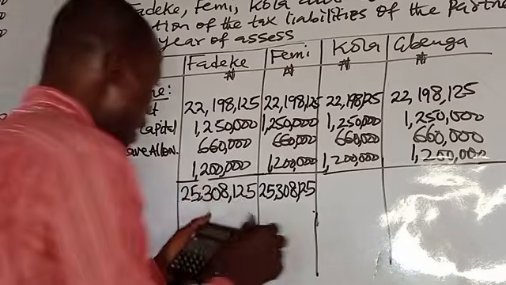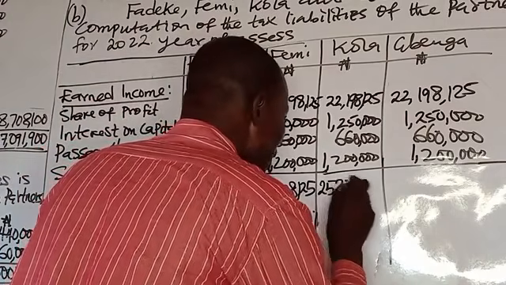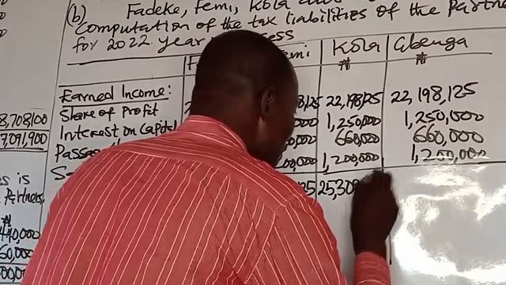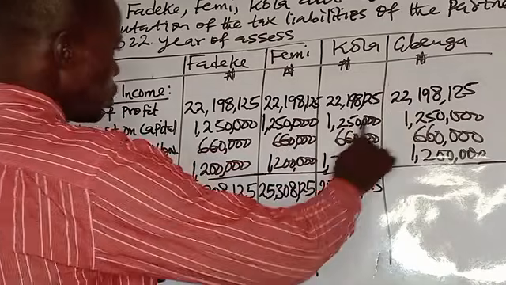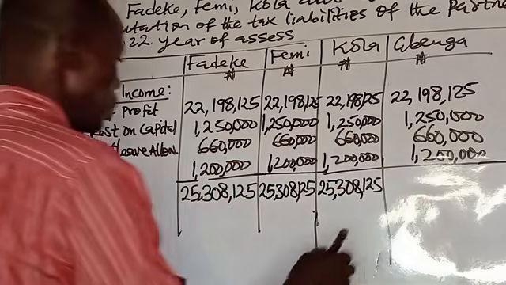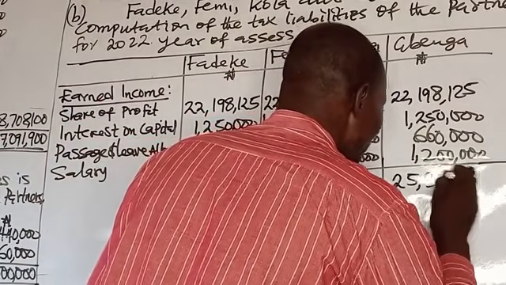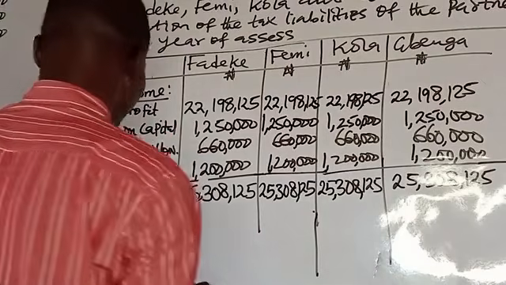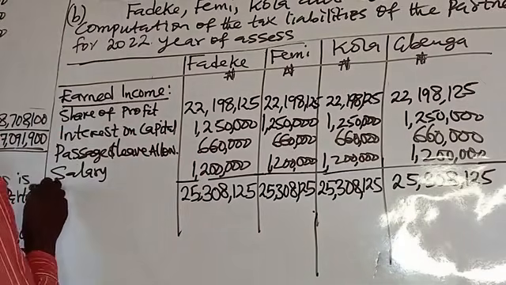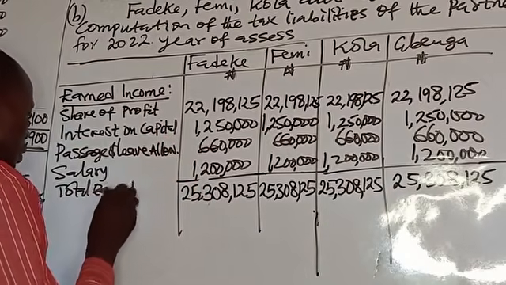So we have 25,308,125. Okay, they have the same items, so this one also has the same items, so it will still be 25,308,125. That is total earned income.